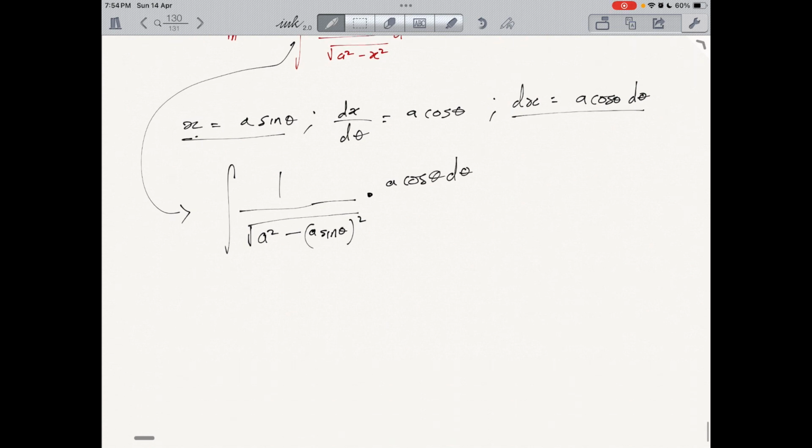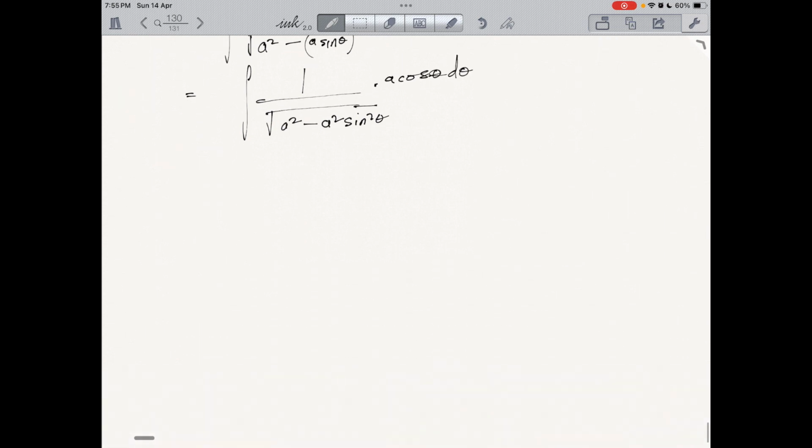Therefore, this becomes integral of 1 over square root of a squared minus a squared sine squared theta multiplied by a cos theta d theta.